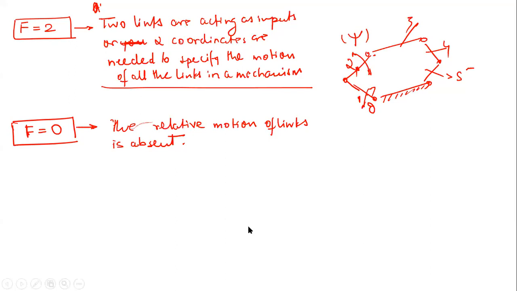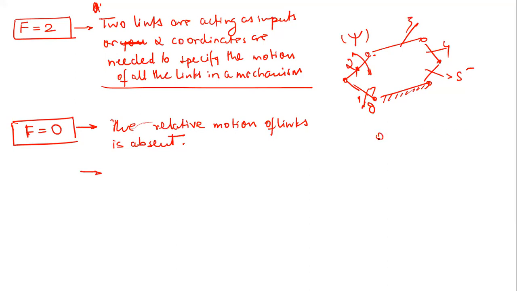If the degree of freedom of any mechanism is 0, what can I call this mechanism? We have discussed this in the previous session. Yes, a redundant kinematic chain, and after that, one more terminology I used in the last session, if you remember.